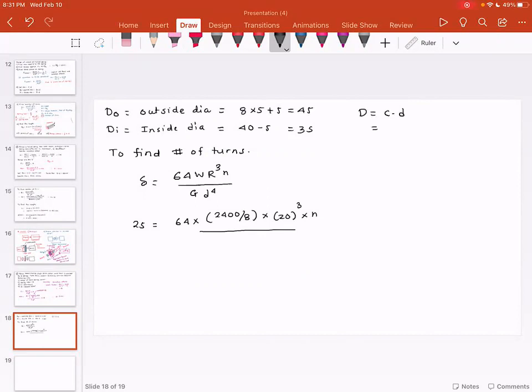Small d is the wire diameter, which is 8 times 5. So capital D is 40. So R, which is capital D divided by 2, is 20. Here D is the coil diameter and d is the wire diameter.